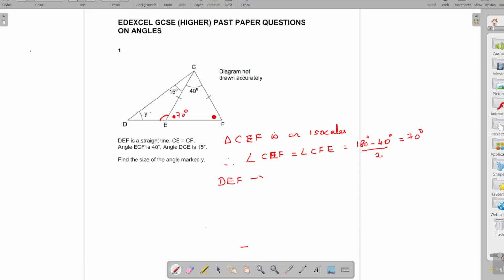Now DEF is a straight line. Therefore, angle CED is 180 minus 70, which is 110.